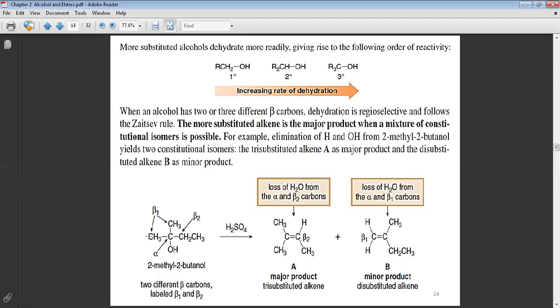So we have 2 different types of beta carbon. If I remove this proton with strong acid, the double bond will be here; if I remove the proton from here, the double bond will be here. Now, which one is the base, A or B?